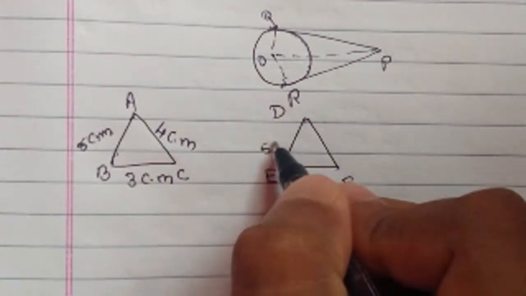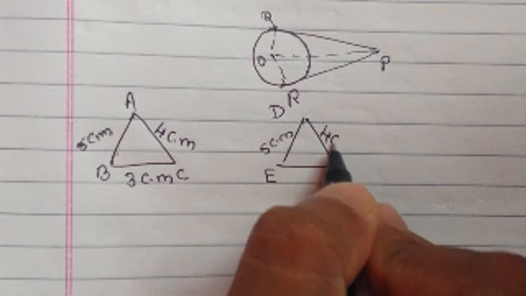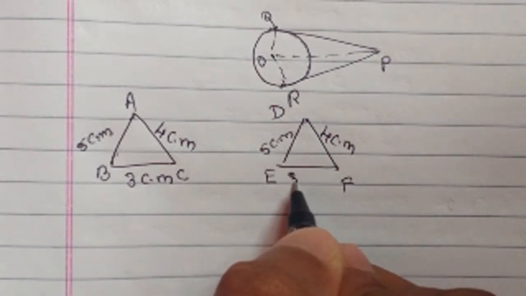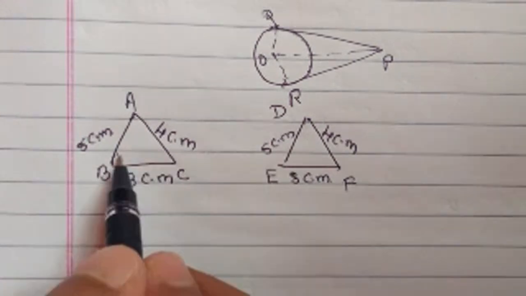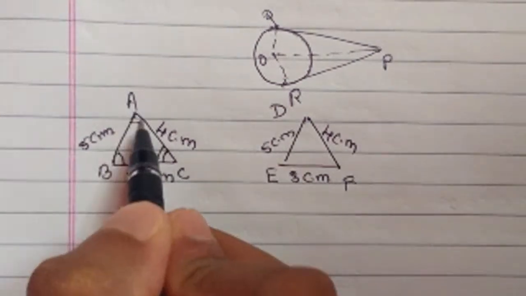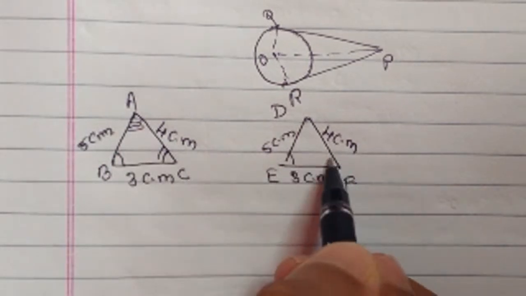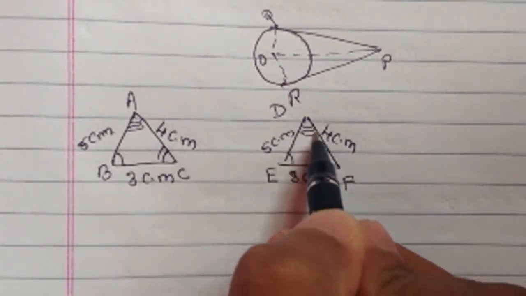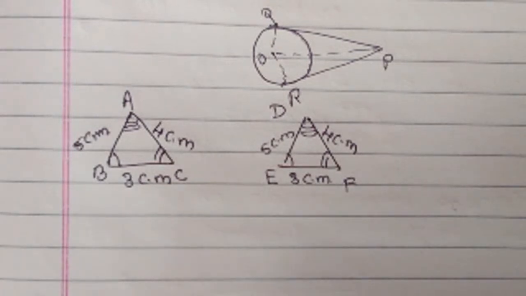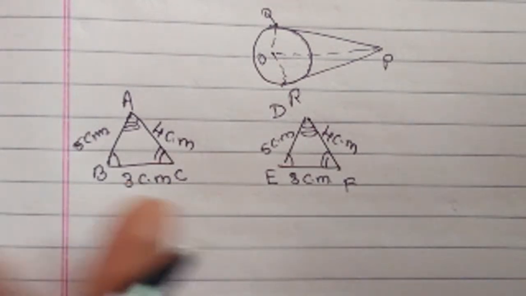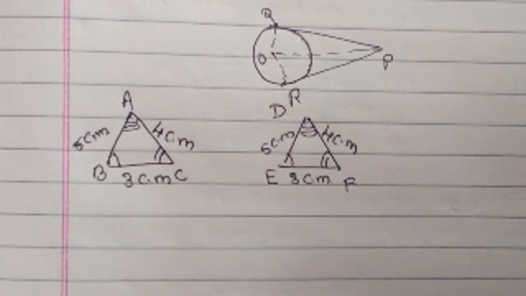If this is equal to 5 centimeter, this length is 4 centimeter, this length is 3 centimeter, and if all the angles are equal to each other, then we call these two triangles congruent triangles.